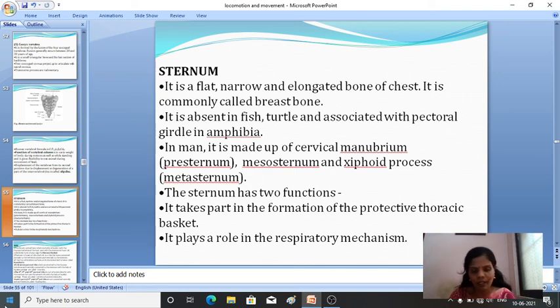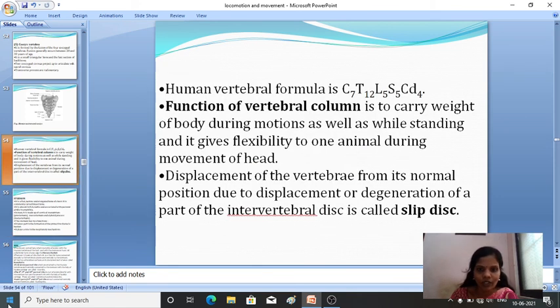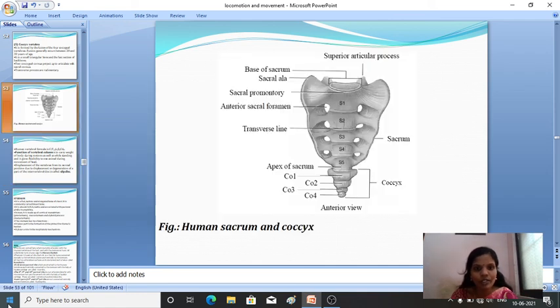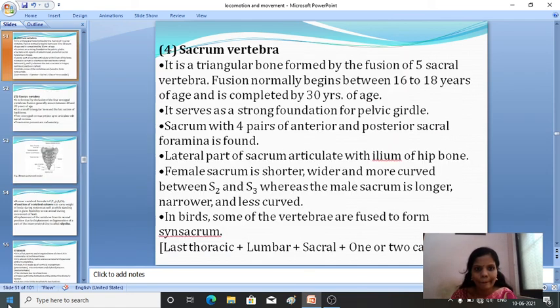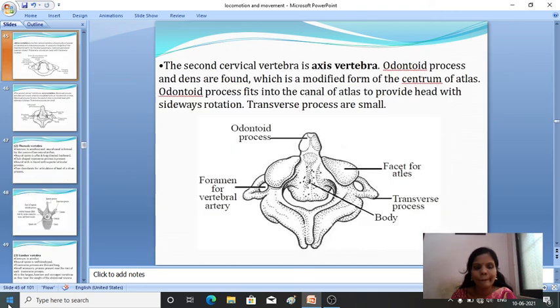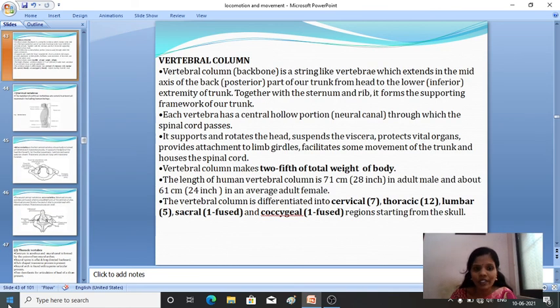So what is the sternum, and we'll see what are the different types of bones present in the sternum. Meanwhile, you can have a glance at all the types of bones. So far we have discussed the vertebral column bones: cervical C7, thoracic T12, lumbar L5, sacral 1 and coccygeal 1.